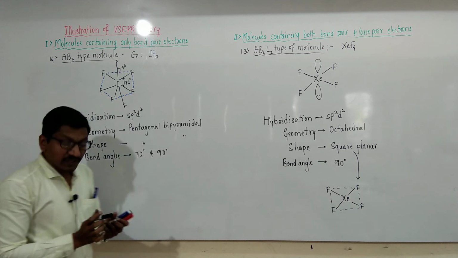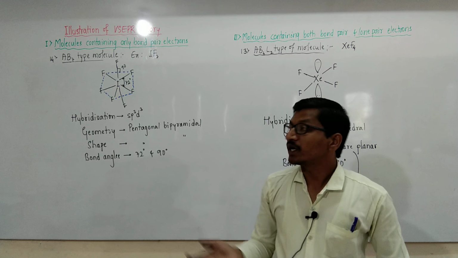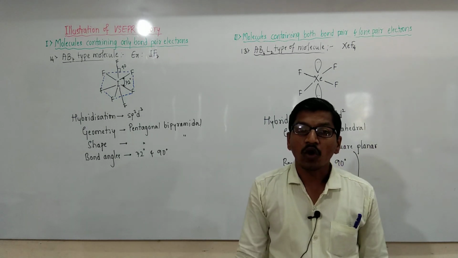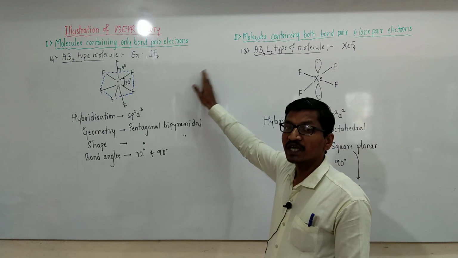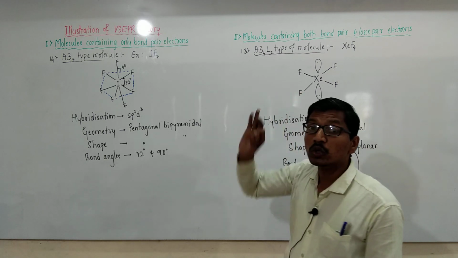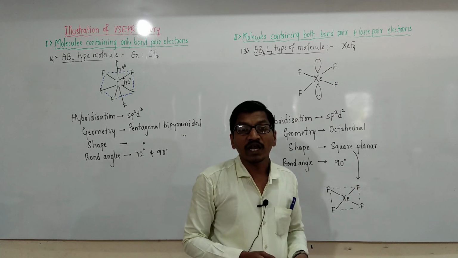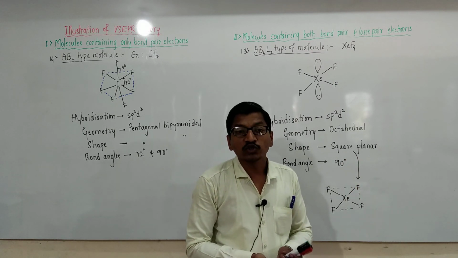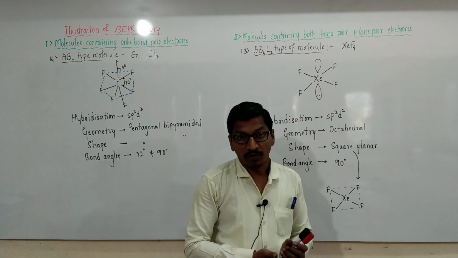These are some examples illustrated based on valence shell electron pair repulsion theory: the molecules containing only bond pair electrons and the molecules containing both lone pair as well as bond pair electrons. Molecules with both lone pairs and bond pairs have irregular geometry and bond angles are reduced from normal geometry.